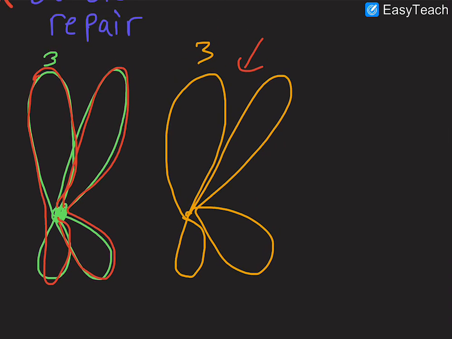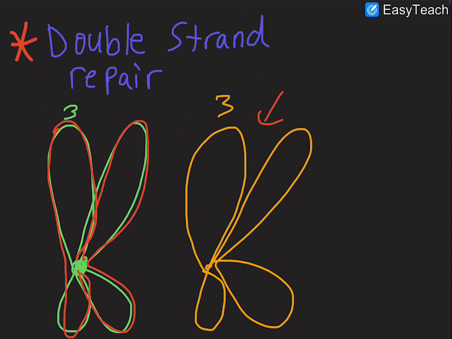So in homologous recombination, it's going to be a double-strand repair, meaning we use homologous recombination if we get a double-stranded DNA break, and then we can use our sister chromatid. Let's say we have a gene here with a sequence of nucleotides, a couple hundred, and for some reason we get a double-stranded break here.